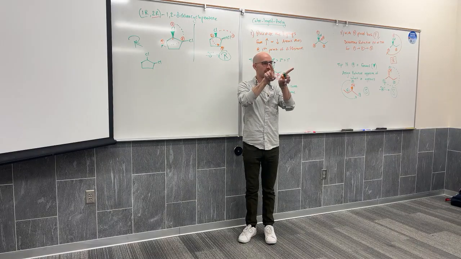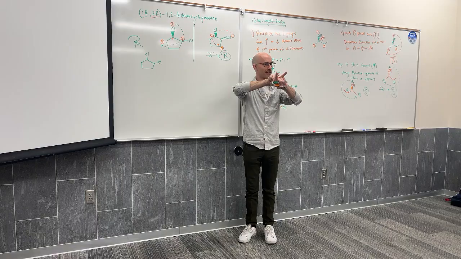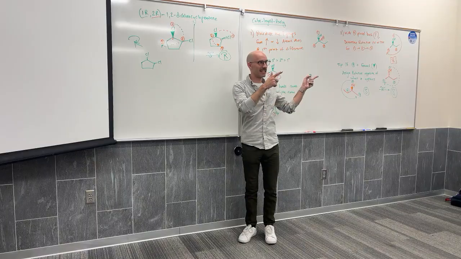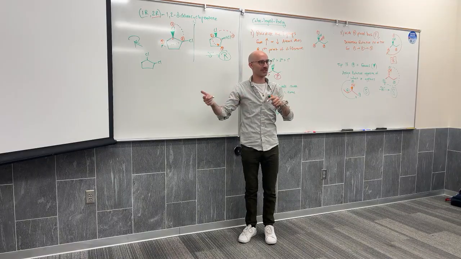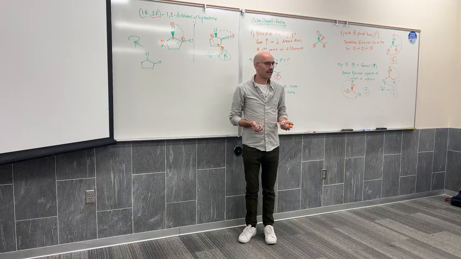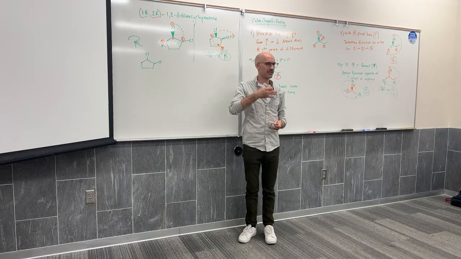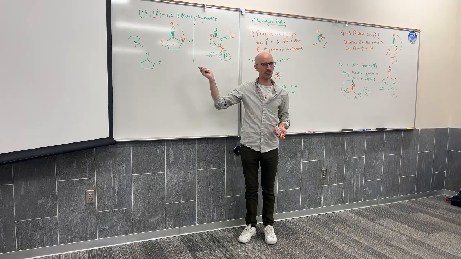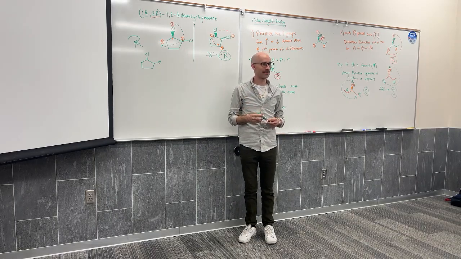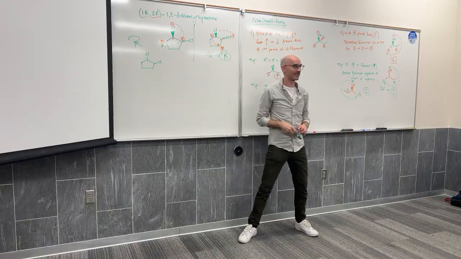But anytime you take two bonds and you swap them, you've changed the absolute configuration. So then you have to assign it using your rules and then know that you changed this chiral center and flip it back. I don't give it as an option ever, because to me it's just too much work. If you can do this, you're doing well. If you need to do that, you'll do it if you can do this.